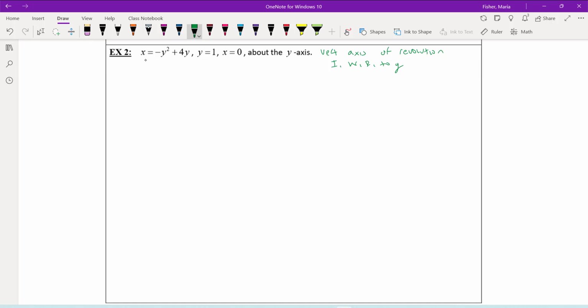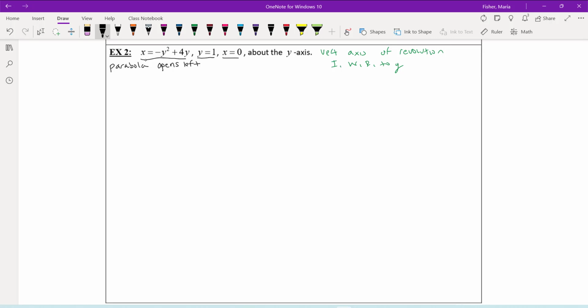If I were to graph this, well, I know how to graph y equals 1 and x equals 0. That's pretty easy. The one I might have a little bit more trouble with is this x equals negative y squared plus 4y. Well, I know that that is a parabola. Since y is squared and it's negative, I know that it opens left.